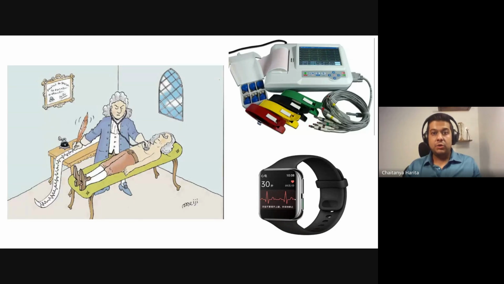And I've had 1 or 2 personal experiences with patients who, in fact, sent me an ECG strip from their watch and have been able to pick up that there are some changes and then got them evaluated. So are we going to replace an ECG with a watch? Definitely not. A standard 12 lead ECG remains and will always remain the gold standard. But this is something that we can also keep.